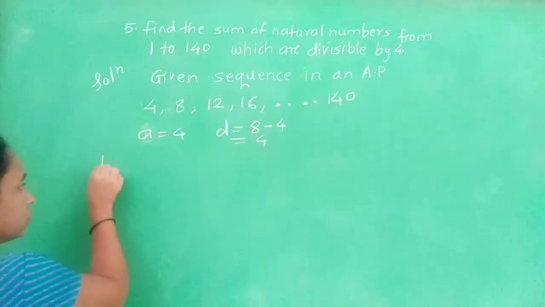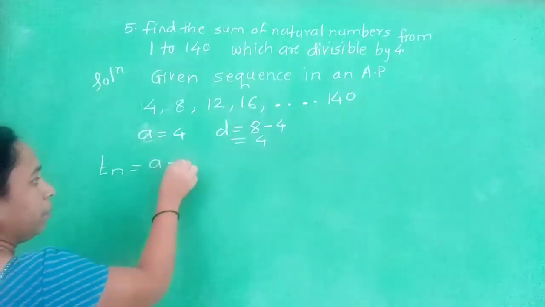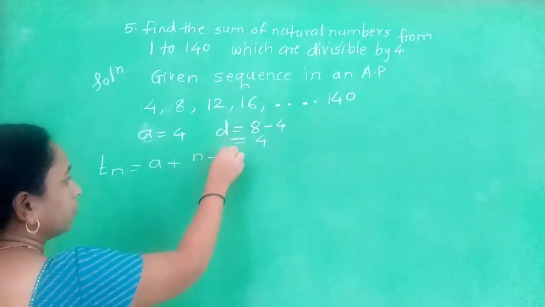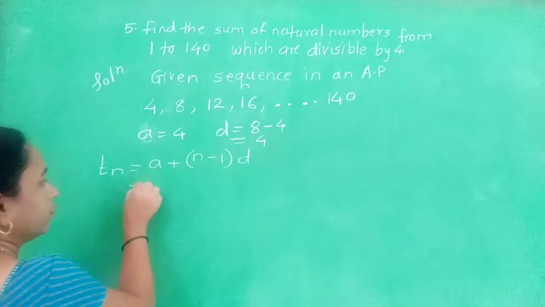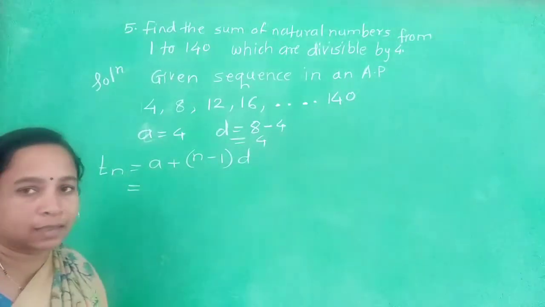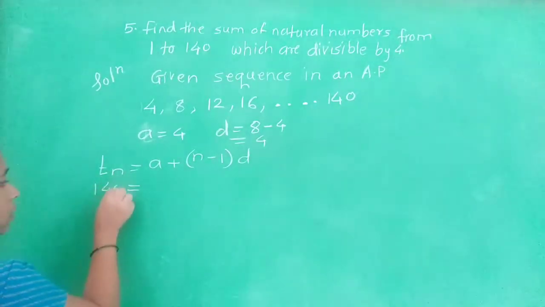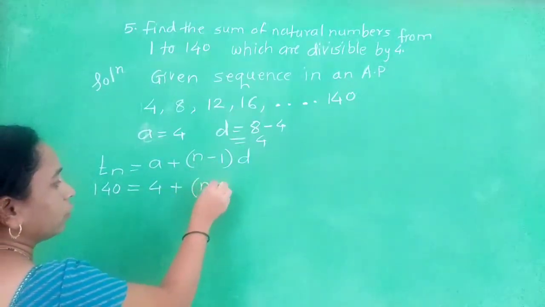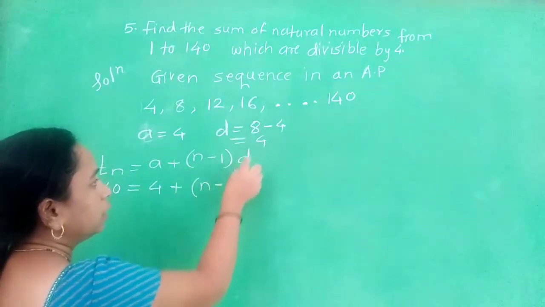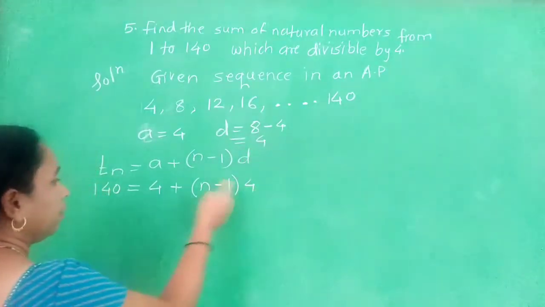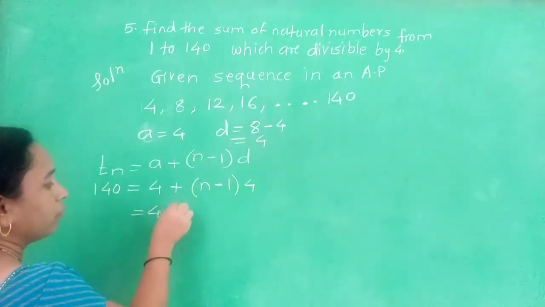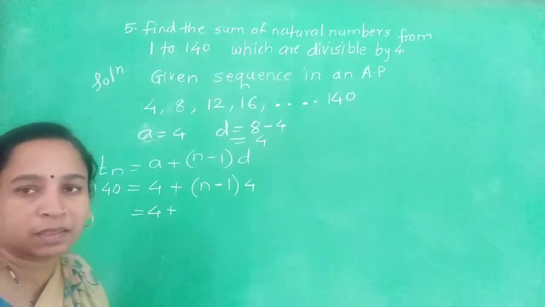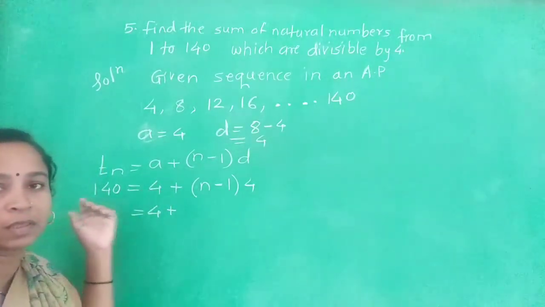So first I will use the Tn formula. Tn, the last term, is 140, a is 4 plus n, whose value we want to find out, minus 1 into d, which is 4. Either you can multiply inside the bracket, or transfer 4 to this side and then divide by 4.